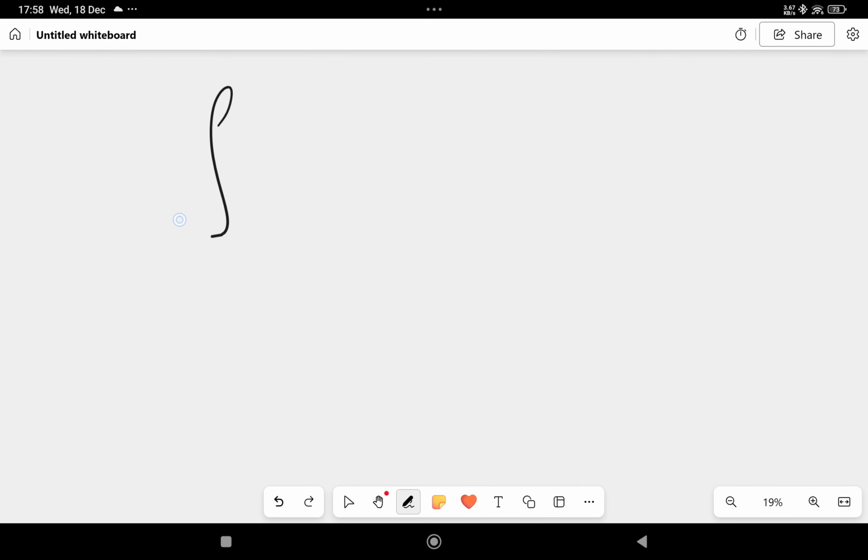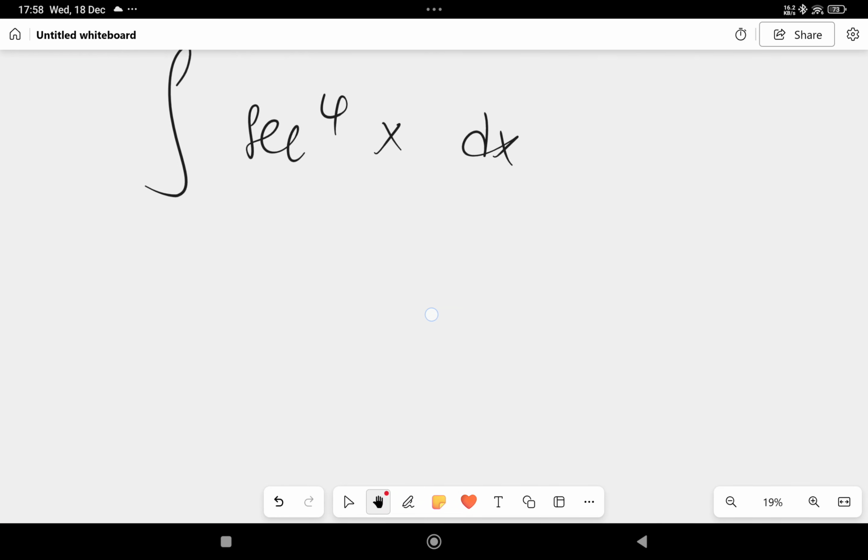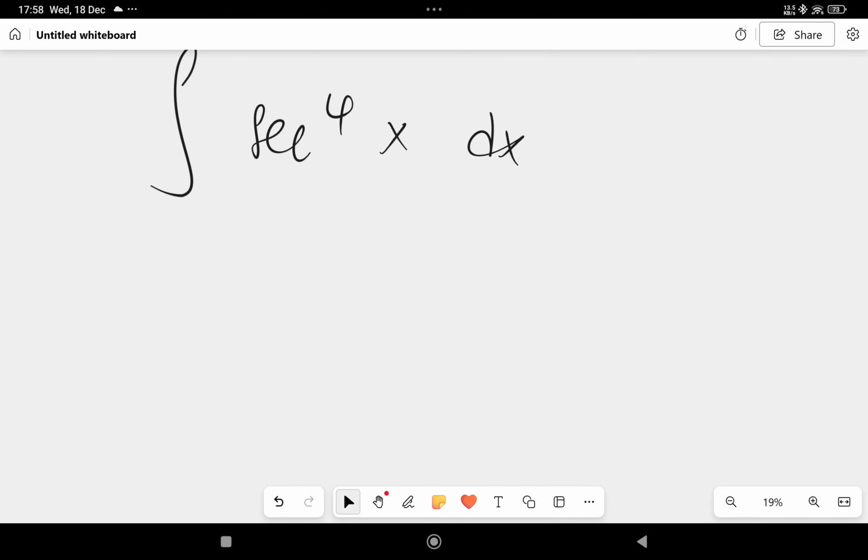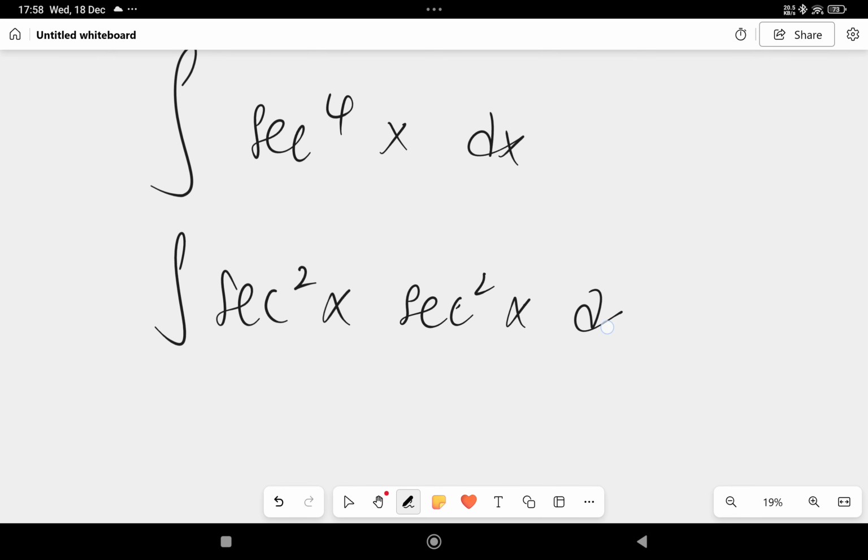So the question asks for integrating secant to the fourth power. Why is this related to differentiation? Because you can split it in half: secant to the fourth power can be rewritten as secant squared times secant squared, with a dx.